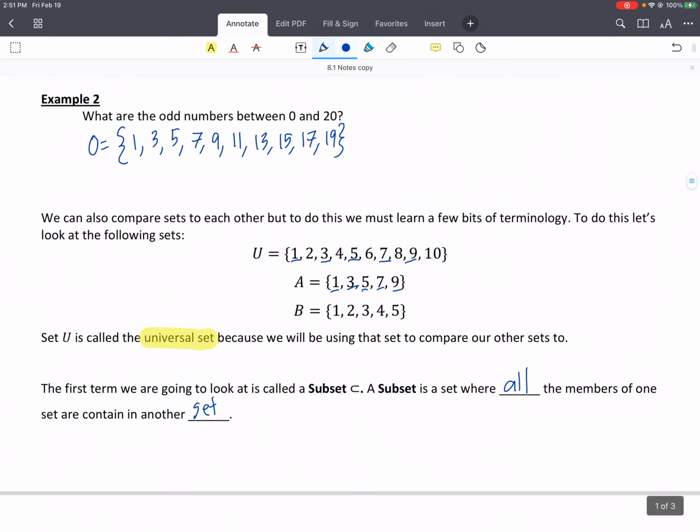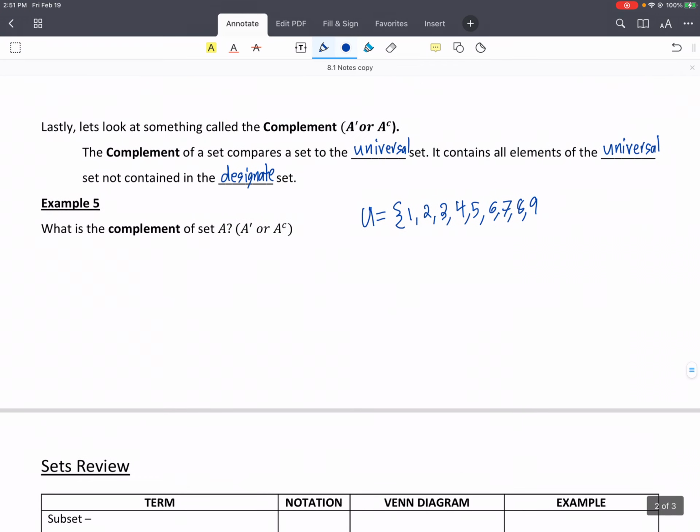Did it include 10? Yes, it did. So we wanted to compare it to the universal set, and remember, A was all the odd numbers. So we got 1, 3, 5, 7, 9.